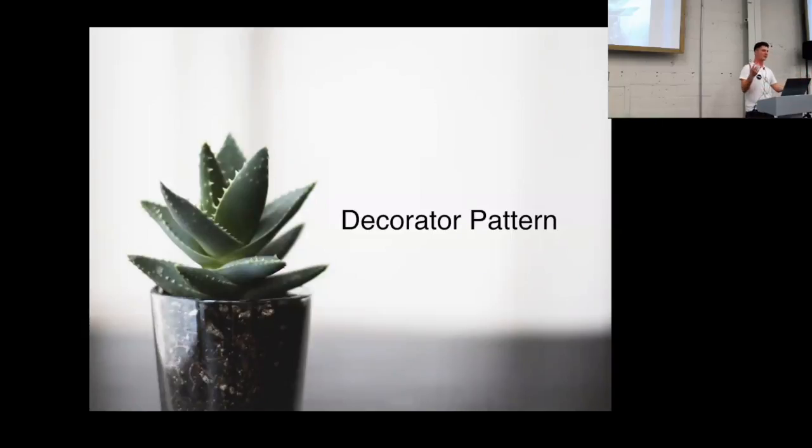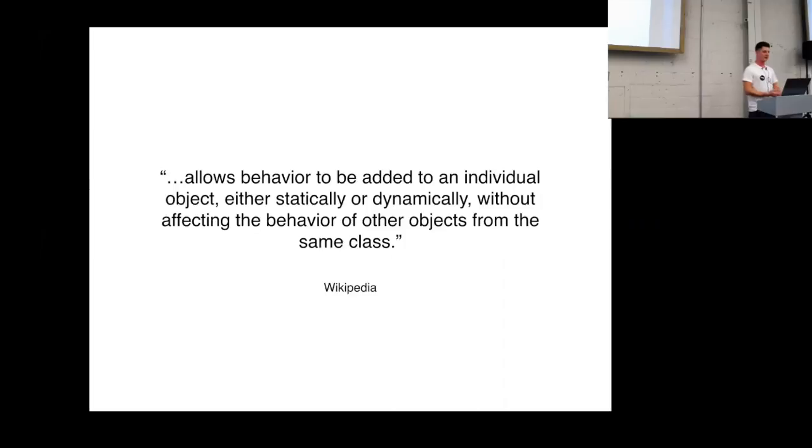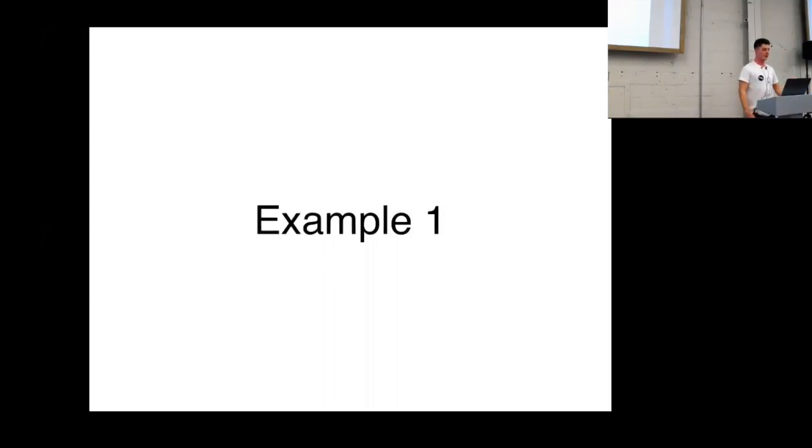The Decorator Pattern basically states that it allows some behavior to be given to instances of a class without affecting everything else happening with that class. So the static pieces of that class are untouched, and other instances are untouched by the behavior I'm passing to these instances. It's a lot of words, so let's look at some examples.